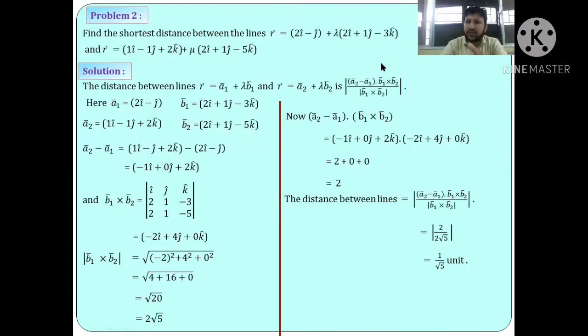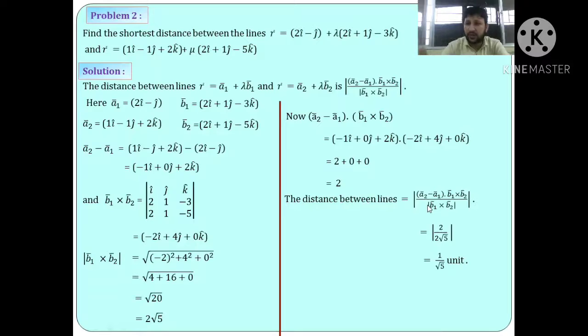For the projection, we calculate a2 bar minus a1 bar, and next b1 bar cross b2 bar, which is a vector parallel to the distance you are calculating, and its magnitude. After that, in the formula we substitute the dot product of a2 bar minus a1 bar with b1 cross b2, and divide by its magnitude. This is the method for finding the shortest distance between skew lines.